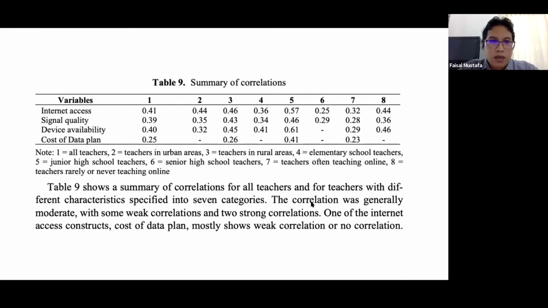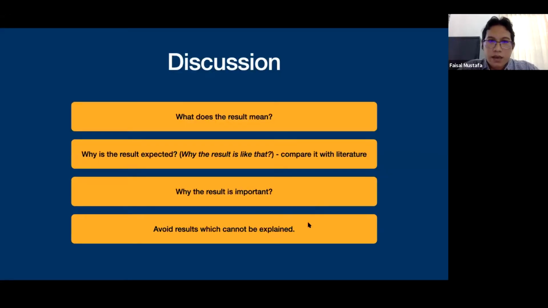Okay, and then let's go on to a very important part of your paper. In the literature review, you should write everything based on previous research. If you want to say a lot of other things, you can do that in the discussion. In the discussion, you have to mention what the result means, not just present the result.